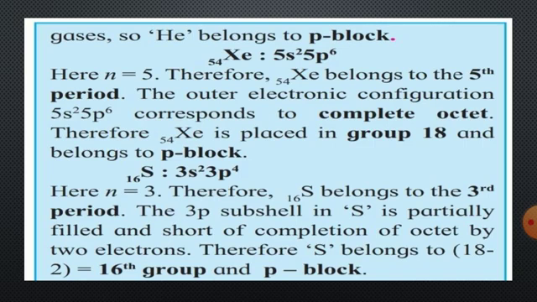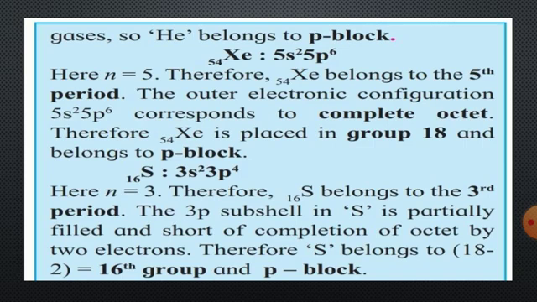Therefore, for completion of octet, the element would belong to group 18. So we subtract 2 electrons from 18. So 18 minus 2, it belongs to group 16.